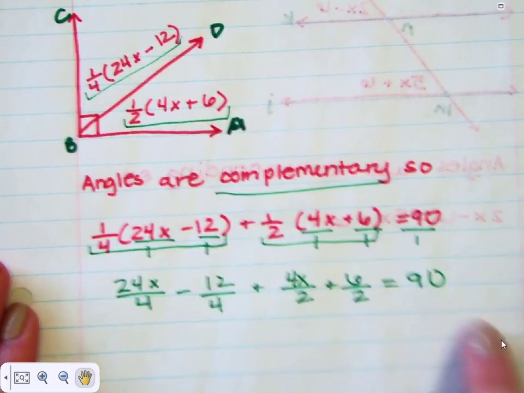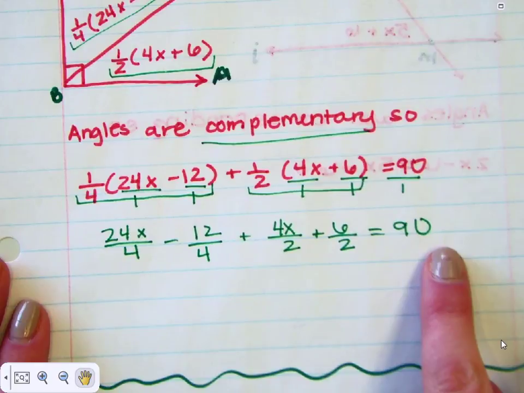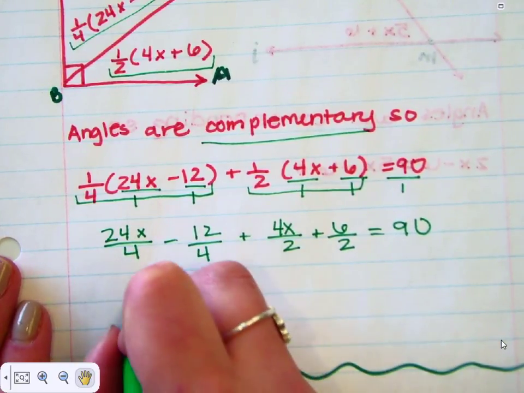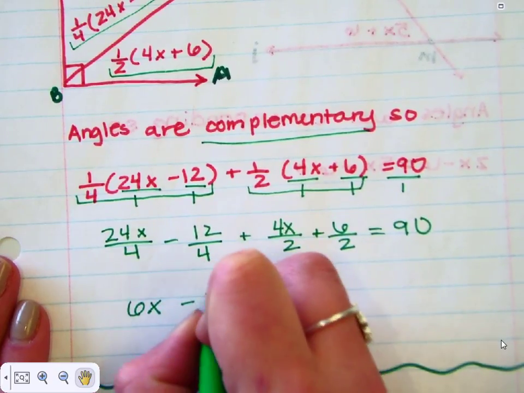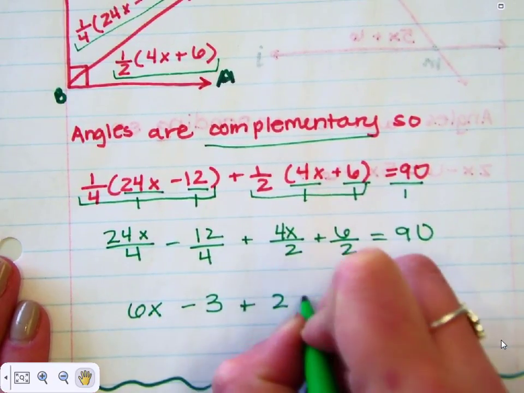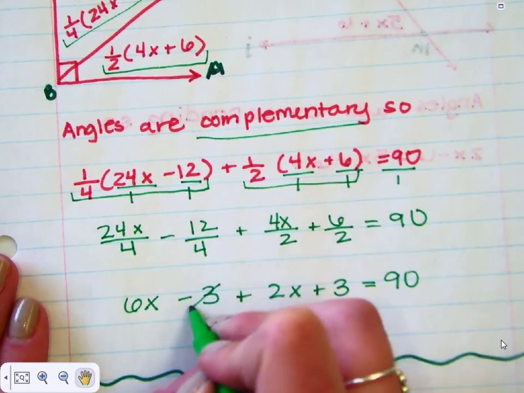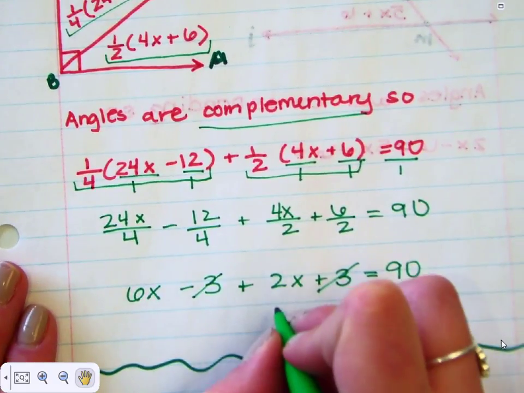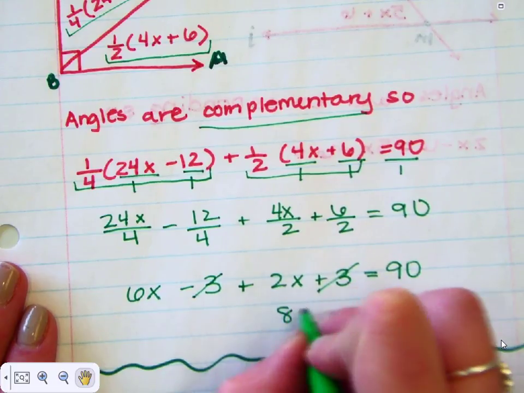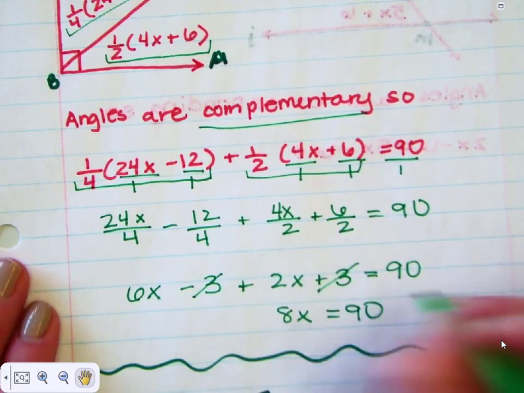And this problem is nice because all of my numbers divide out nicely. So 24 over 4 is just 6x minus 3 plus 2x plus 3 equals 90. Oh, nice. My numbers cancel, so now I'm left with 8x equals 90.